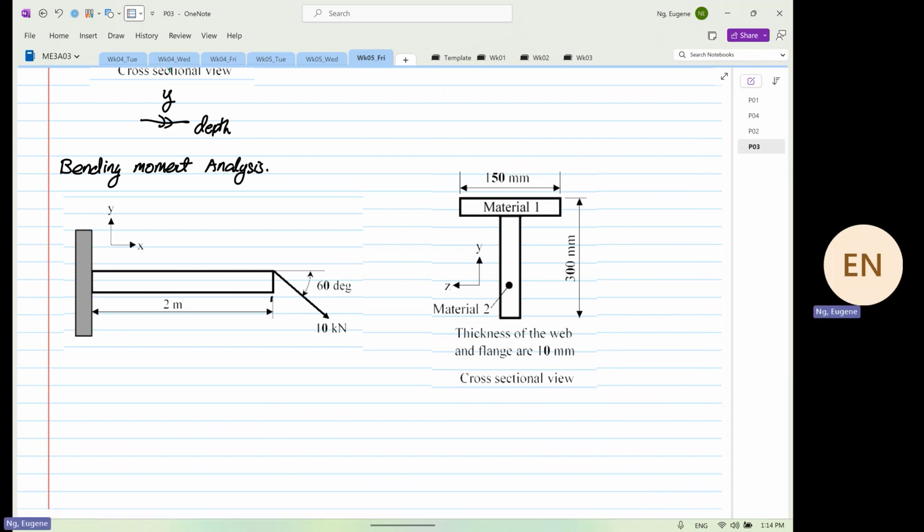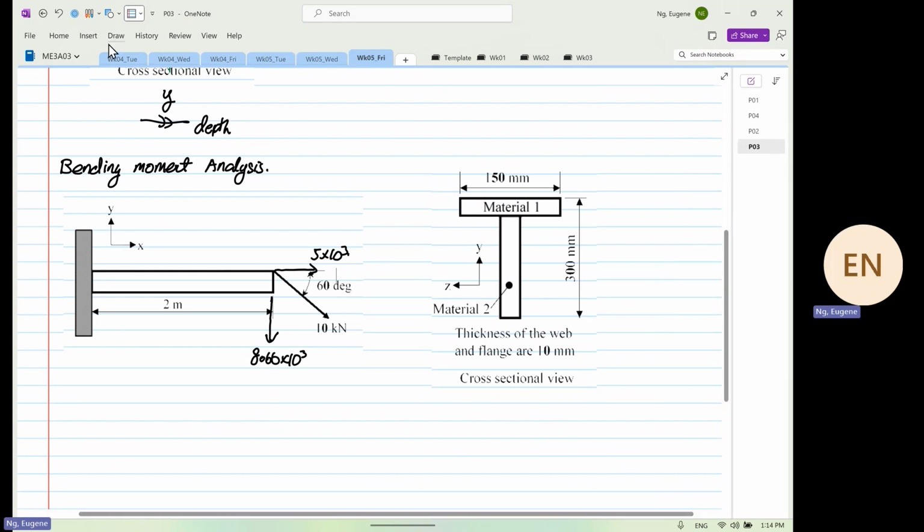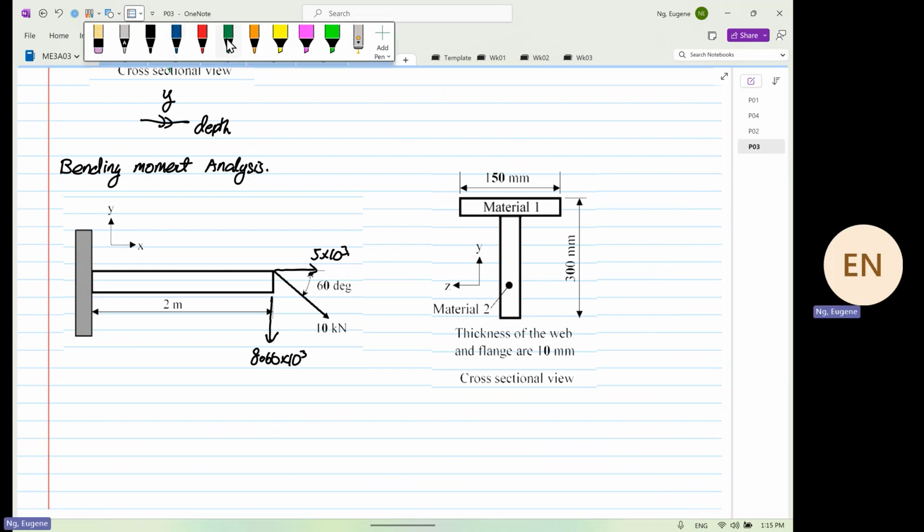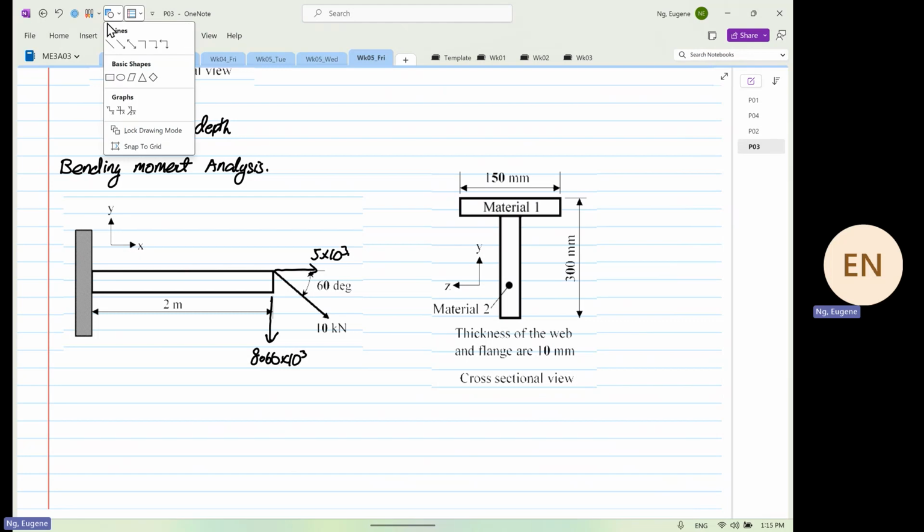Now, question for you. We know that we have a force vector down here, and this is equal to 8.66 times 10 to the power 3, and we have a force vector in this direction, and it's equal to 5 times 10 to the power 3. And then we have a what? We have our centroid, which we have determined.